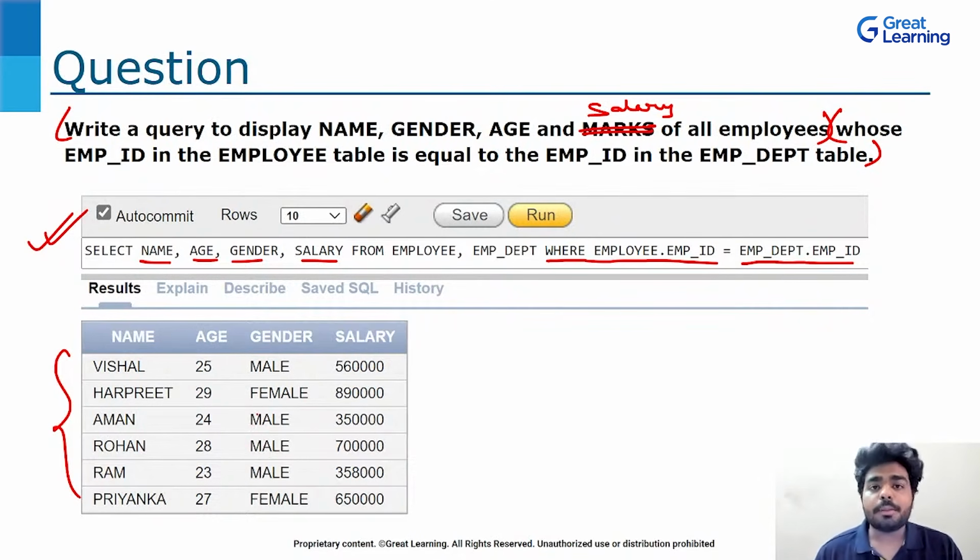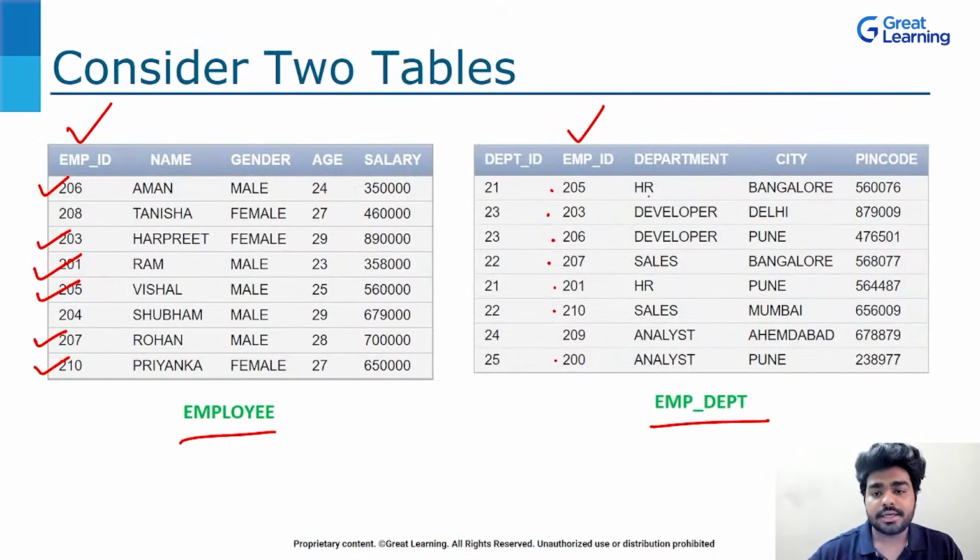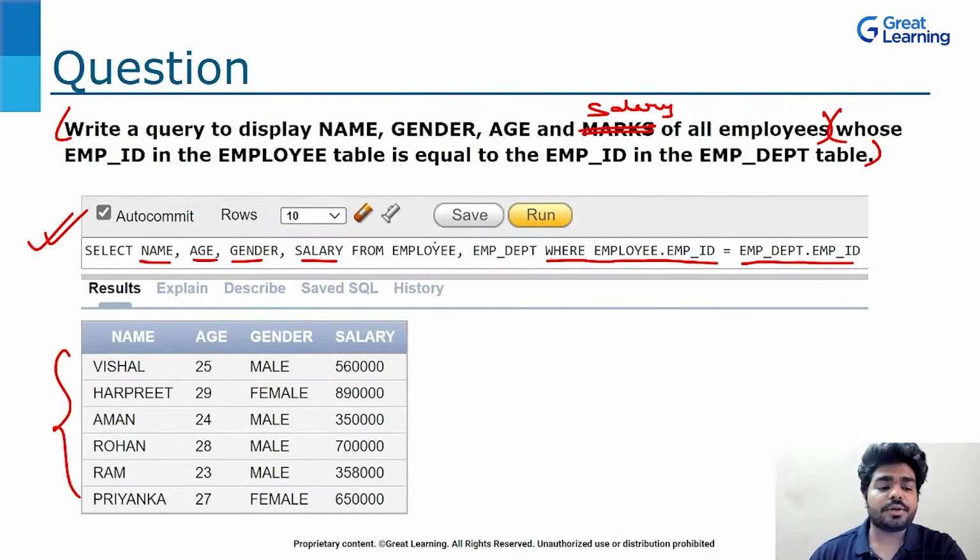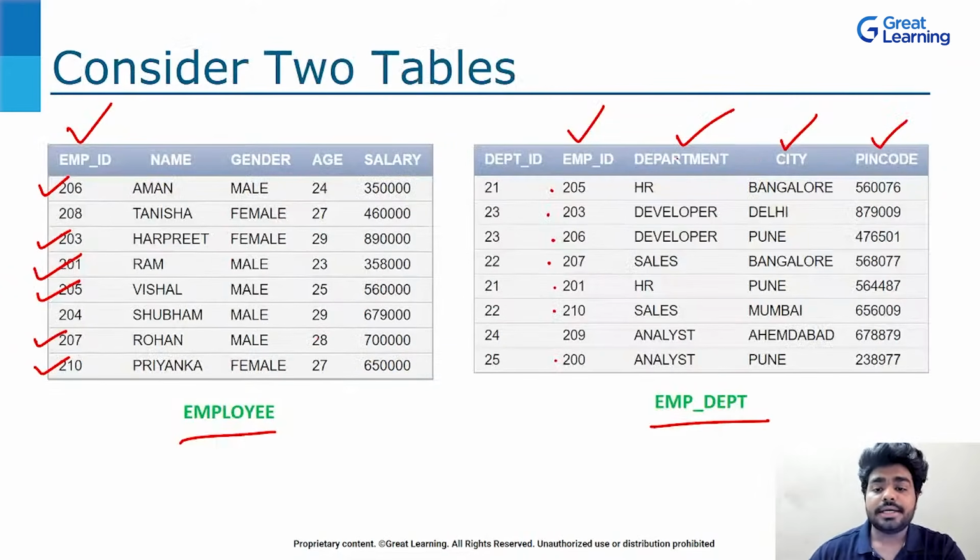But the problem here is, what if I want to show department, city, and pin code also in the result? Till now, we were only showing name, age, gender, and salary. But now I want to show the columns of another table also. Then what do you have to do?